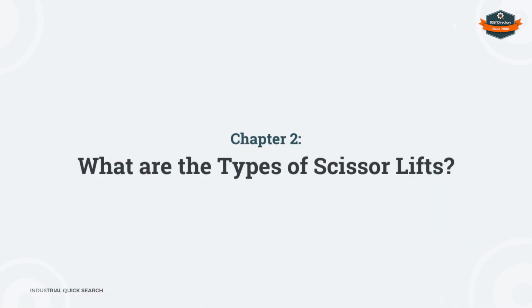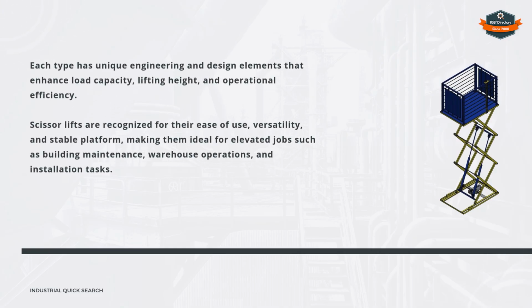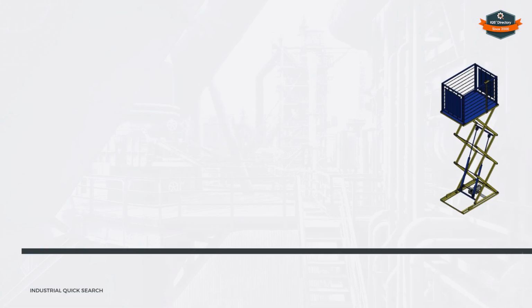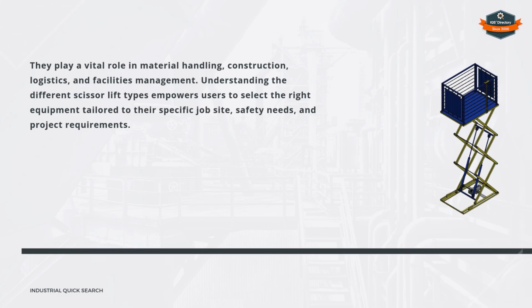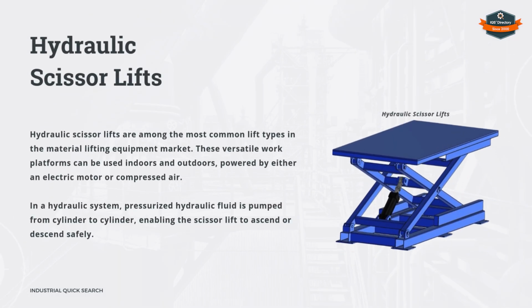Chapter 2. What are the types of scissor lifts? The various types of scissor lifts are as follows. Hydraulic scissor lifts.